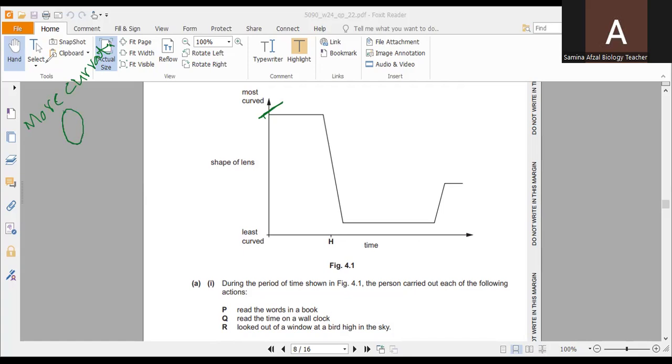Due to more curvature, it has a short focal length. When the light rays enter the eye, their image will be formed very close. So short focal length will be there, and bending of light will be more.